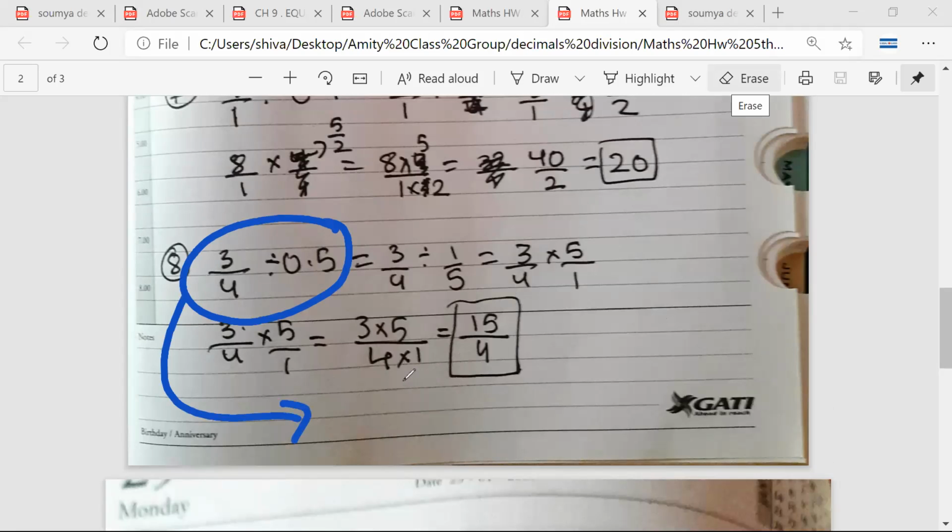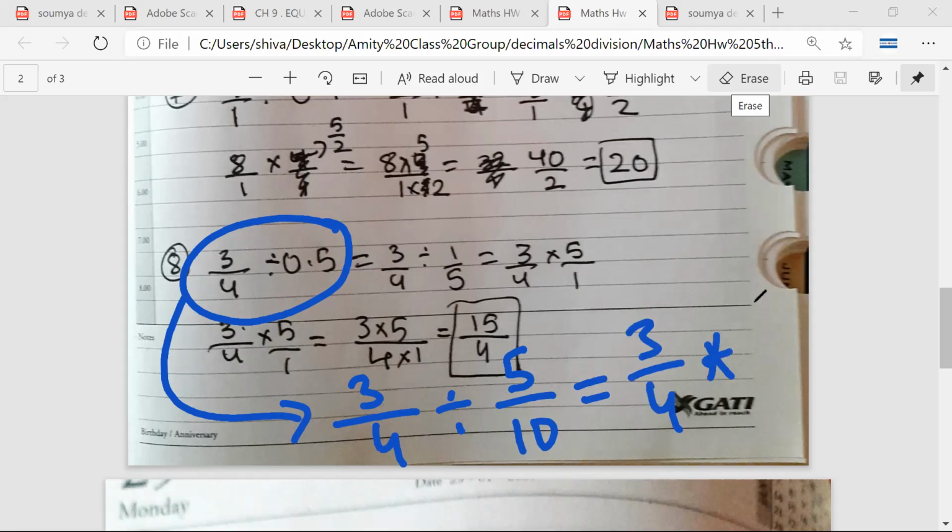Okay, Samay ji, how should I solve this? Question 8. So 3 upon 4 divided by 5 upon 10, shabash, which is equal to 3 upon 4 into 10 upon 5. Shabash. So you can divide 4 and 10 by 2.